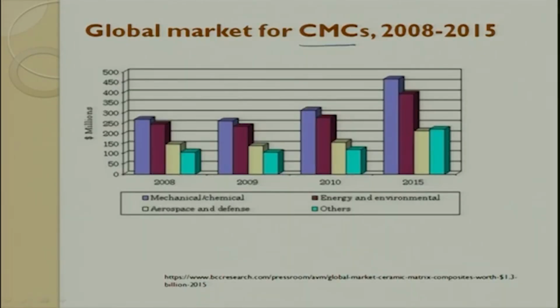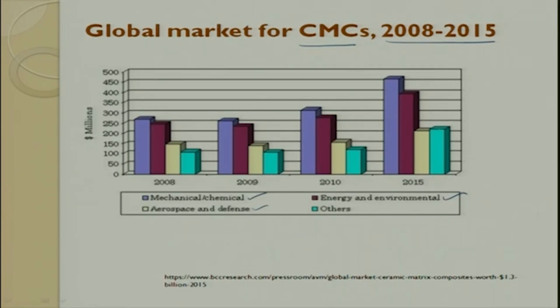Globally, ceramic matrix composite in the last couple of years, what has happened is slowly its use has been increasing in different areas, mechanical and chemical applications. It is used, for example, in heat exchangers, extraction units, and oil refineries. Now, they are looking at chemical, aerospace and defense, if they want to make lightweight material, they are looking at energy and environment, they are also looking at ceramic matrix composite, and others are there.